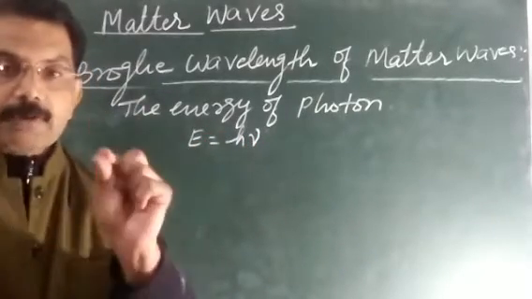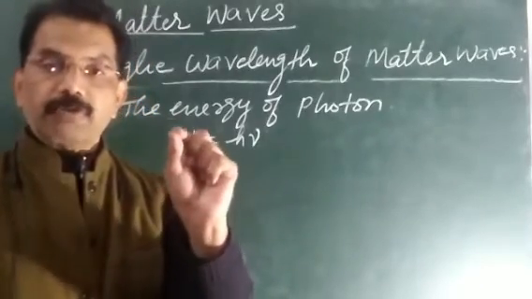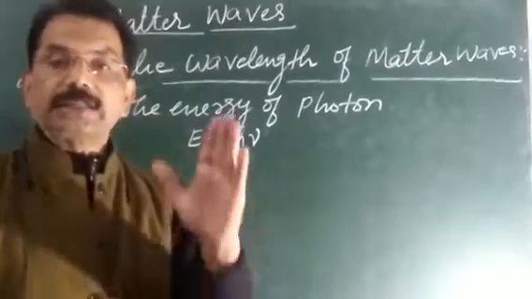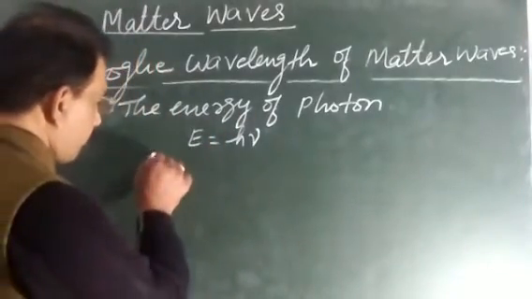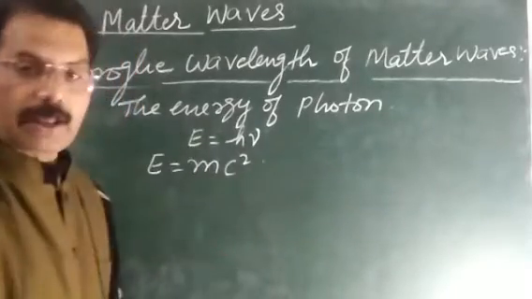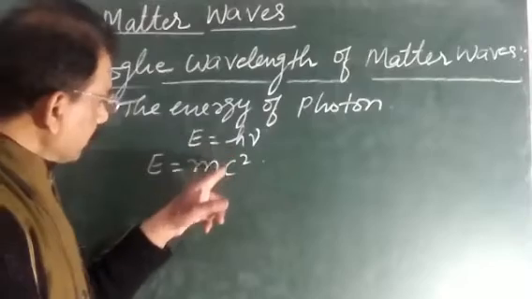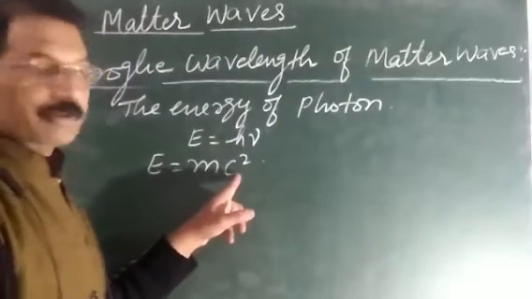And suppose m is the mass of the photon, and since the photon is moving with the speed of light, by Einstein's mass-energy relation we can write the energy of the photon as E is equal to mc square, where m is the mass of the photon, E is the energy of the photon, and c is the speed of light.